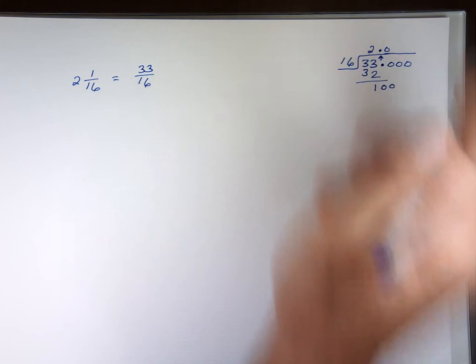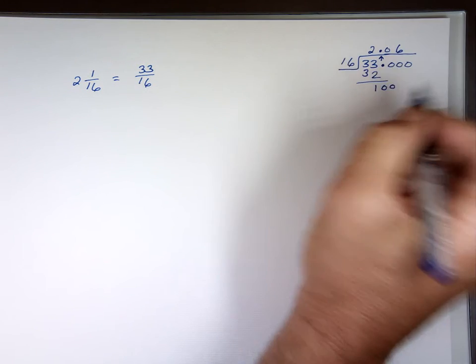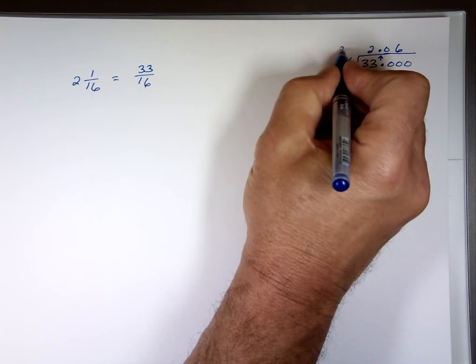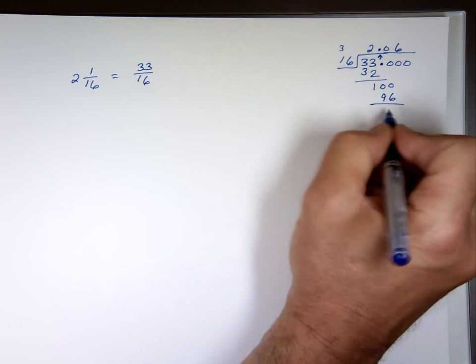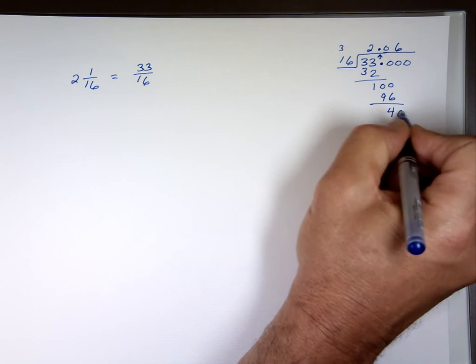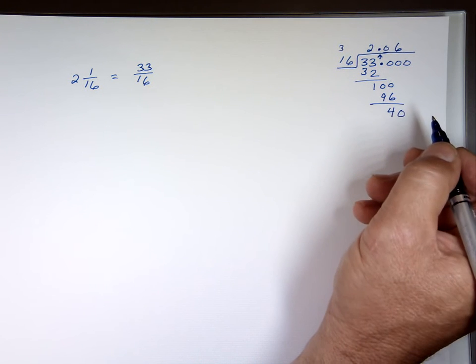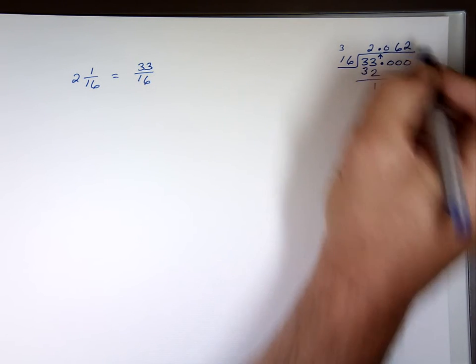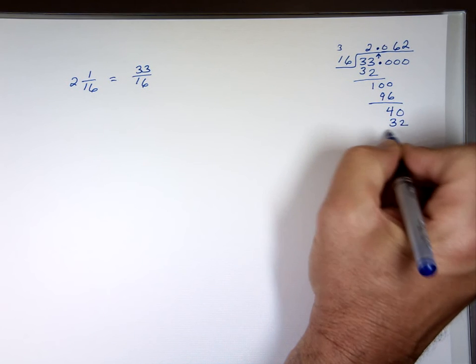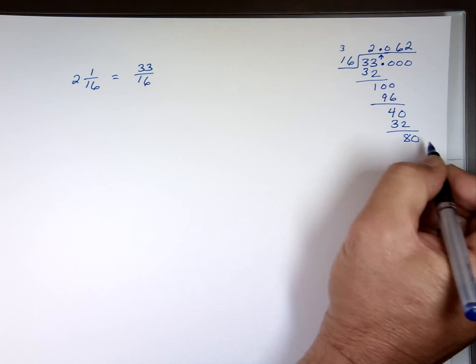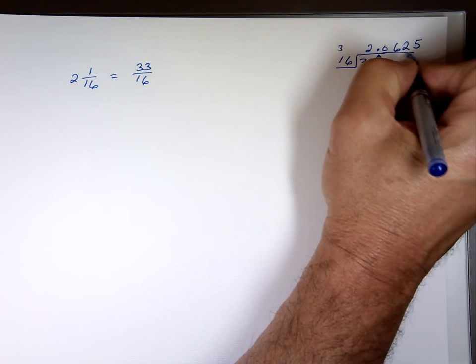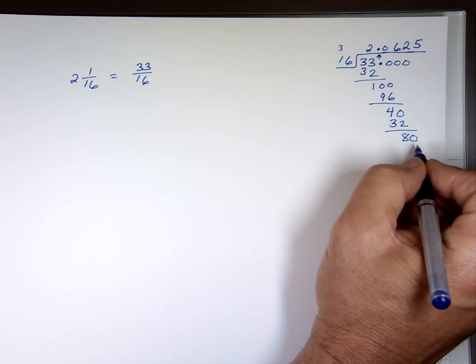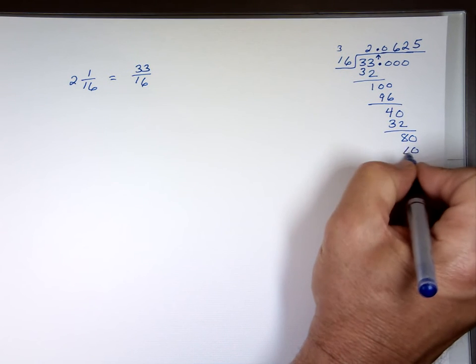How about 6? 6 times 6, 36. 6 times 1 is 6, and 3, 9. 96. Bring the 40 down. 40 by 16. 2. 2 times 16, 32. 8. 80. 80 by 16. Is it 5? 5 times 6, 30. 0 carry 3. That's an 80. Yep.